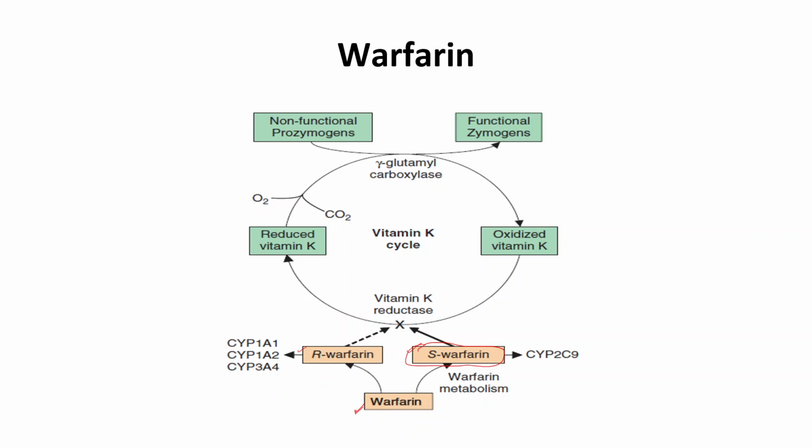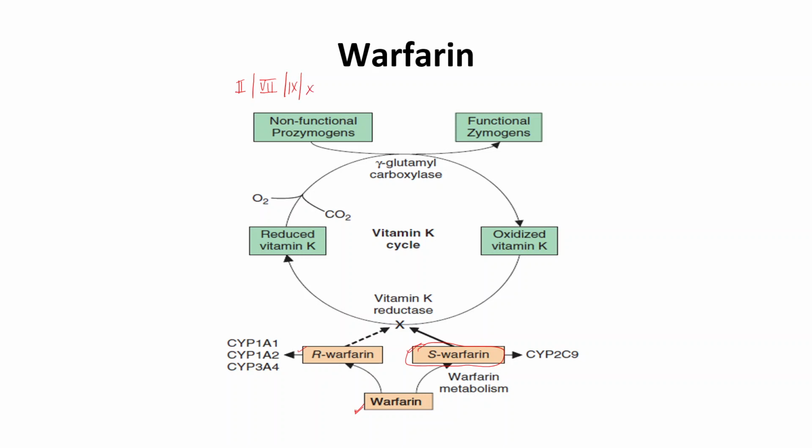Before going into that, we'll just understand what the vitamin K cycle is. Vitamin K is needed for gamma carboxylation of some of the clotting factors. Those clotting factors include factor 2, factor 7, factor 9, and factor 10.